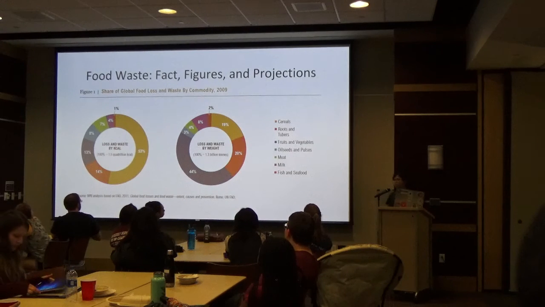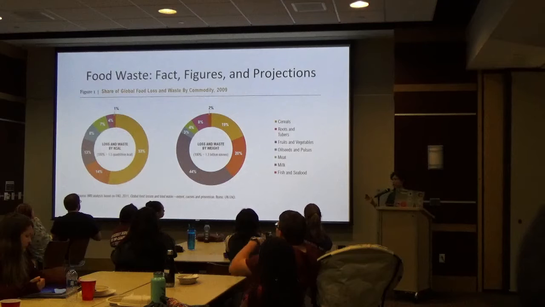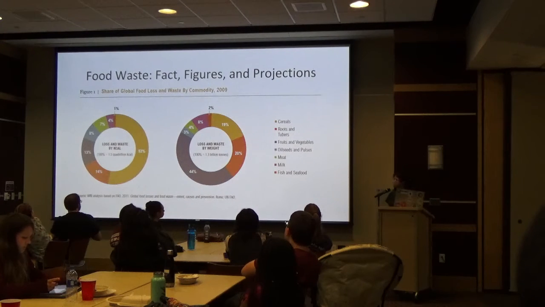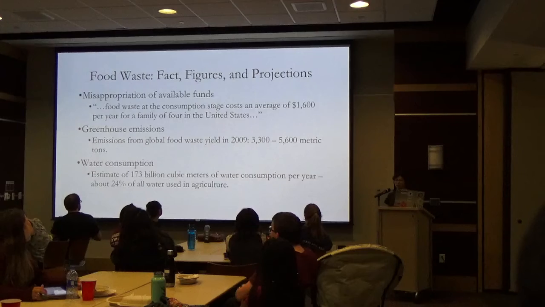So this is important because there's a lot of people that go hungry, and even though it's only 19% of the weight, it still matters because it can provide a lot of nutrients in the long run, whenever you consume them like a cereal or a fruit or a vegetable. So it's just a way to see that.